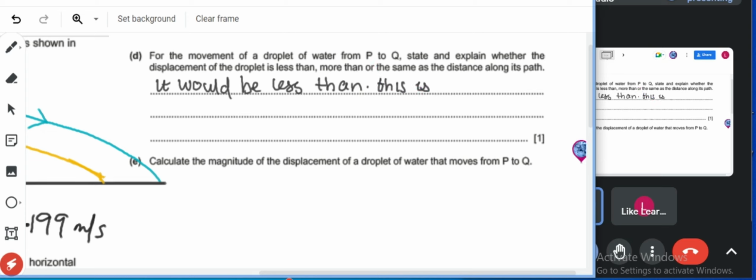I know why, but I don't know how to say it. The curve P to Q is the distance.